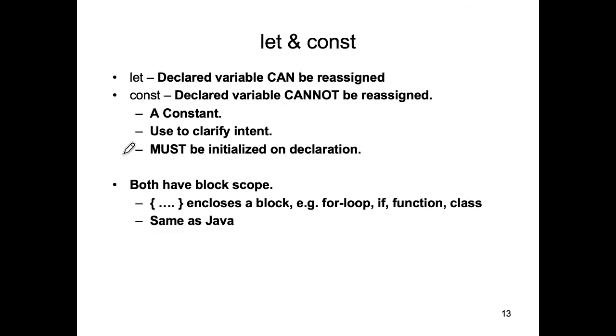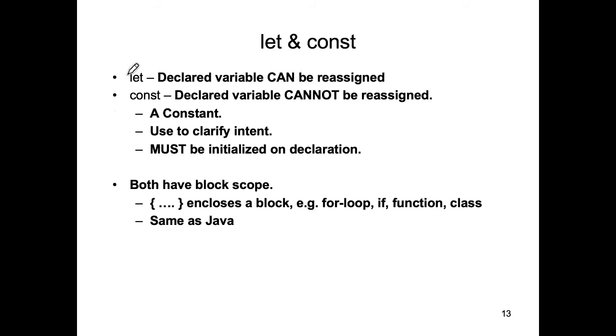The difference between let and const, I've already alluded to. Now there is an odd thing about const that we'll come across a little later on. But if you're lazy, which I often am, you can use let for everything.